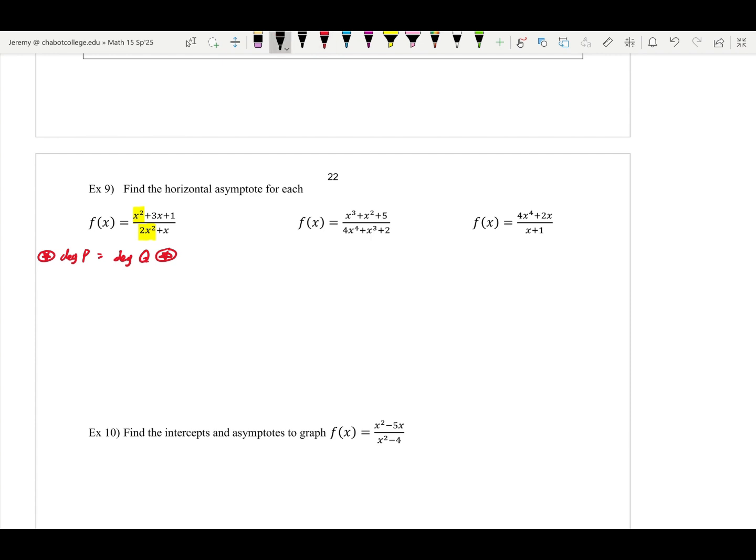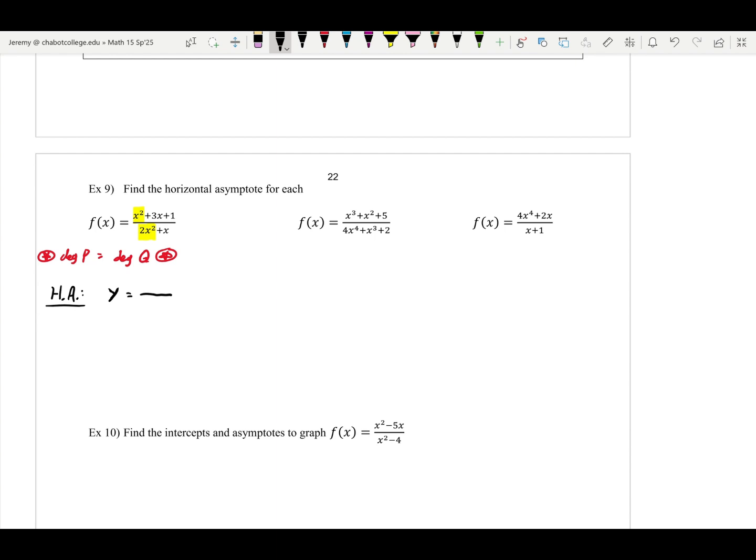And this is the case where the horizontal asymptote is the ratio of the leading coefficients. So the horizontal asymptote is going to be y equals the leading coefficient of p.